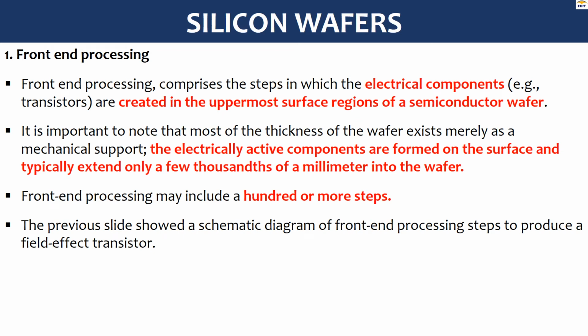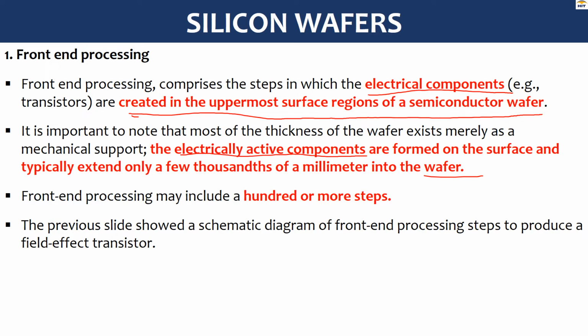So front end processing comprises steps in which your electrical components are created in the outermost surface region of the semiconductor wafer. It is important to note that most of the thickness of the wafer exists merely as a mechanical support. Why? Because the electrically active components are formed on the surface and only typically extend a micron scale into the wafer.